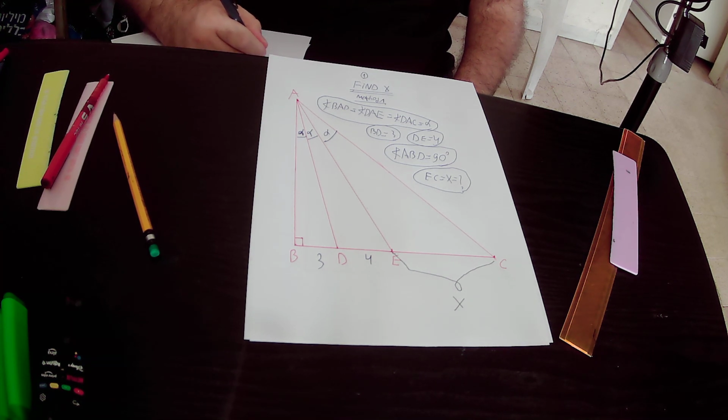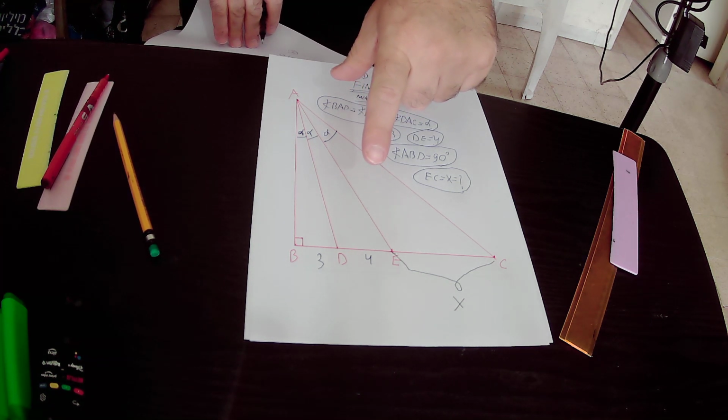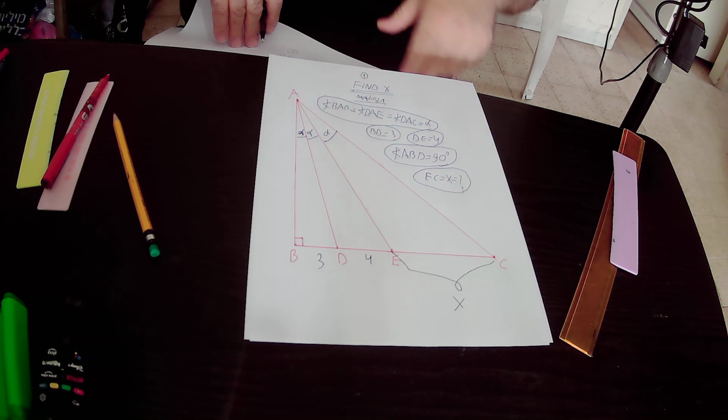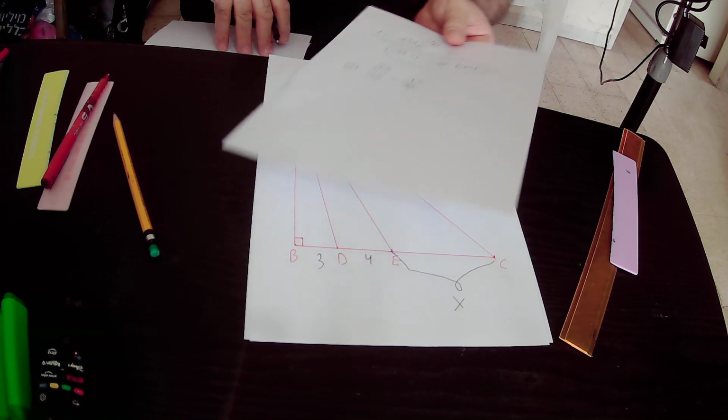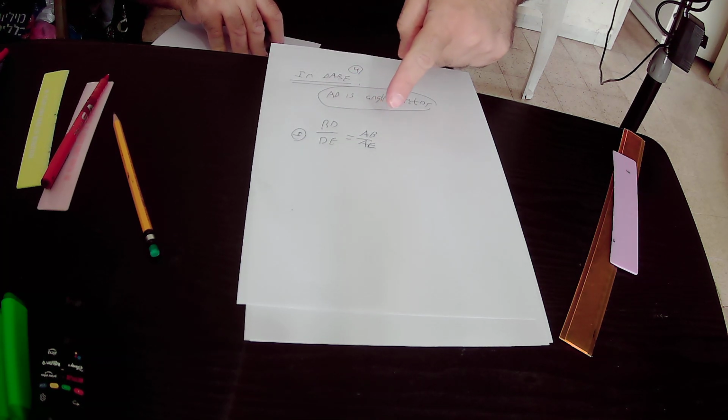So, according to the angle bisector theorem, because in the right triangle ABE we have angle bisector AD, the following equality is true: BD over DE equals AB over AE.